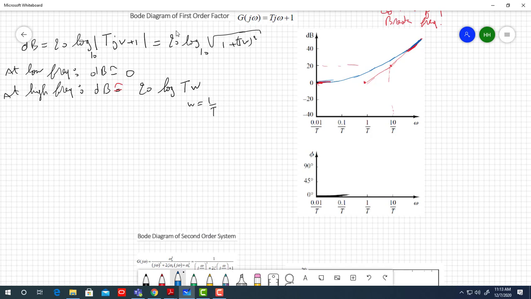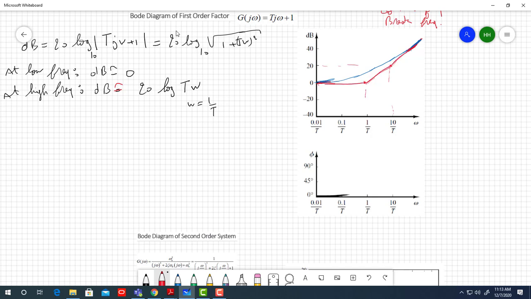So it is coincident with the asymptote at 0 at low frequency and high frequency, and here it's not. So maybe I draw the asymptote in red. And where does it cross the asymptote?